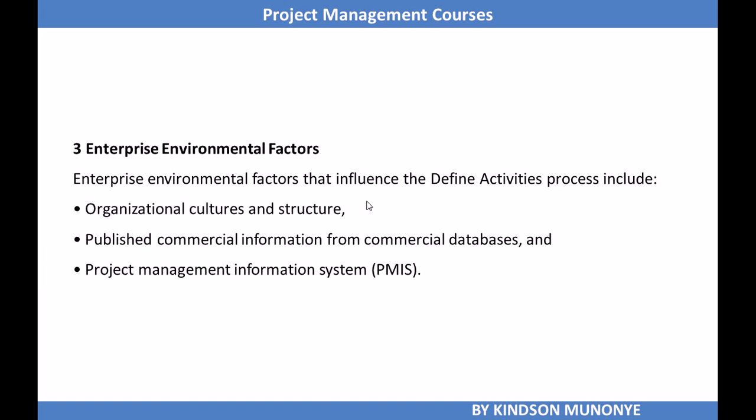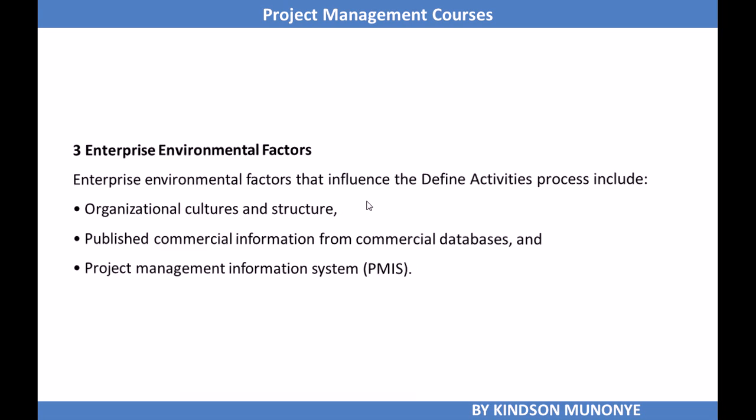Another input that is very necessary is enterprise environmental factors. Some of them that can influence define activities are organizational culture and structure, published commercial information from commercial databases, and the project management information system.